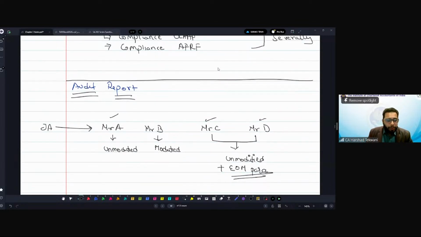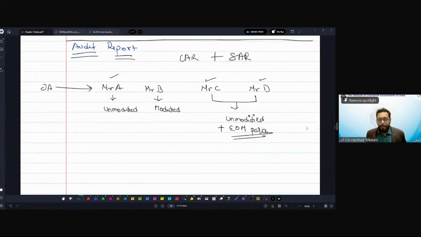So in case of the audit report, a common audit report plus a separate audit report plus a separate audit report, both can be issued. When I say common, let's say C and D agree together on the EOM paragraph. I will term this a common audit report.